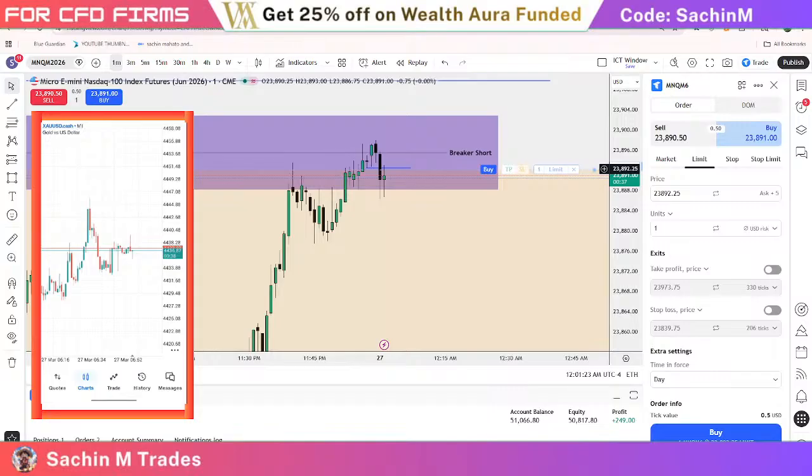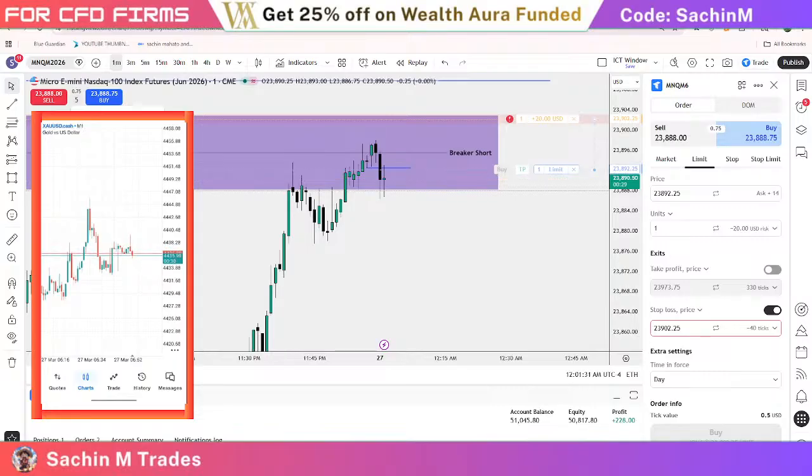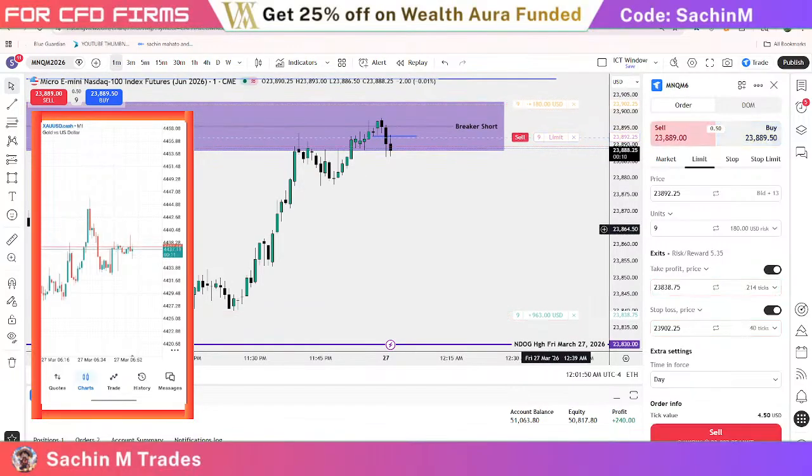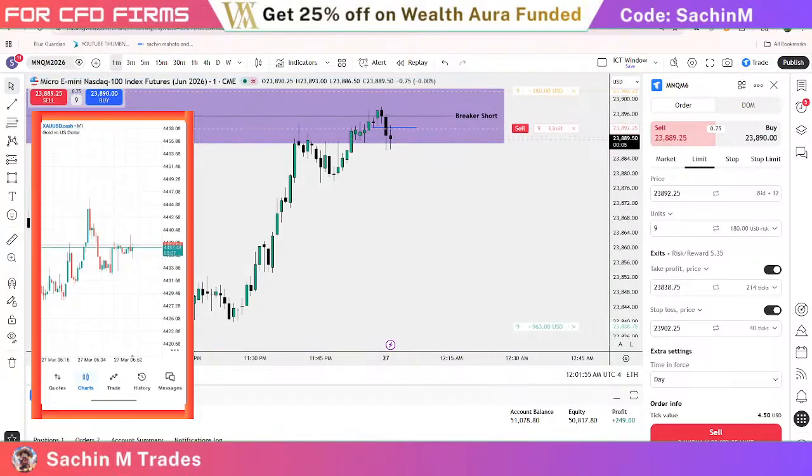Stop loss all the way up. $100 worth of loss, $200 in SL. TP will come all the way down to here. This is a good trade according to me. This is a really very good trade, but we are already in a trade, so we can't take this trade.